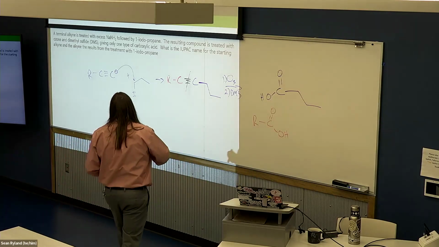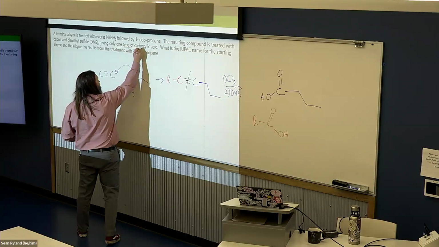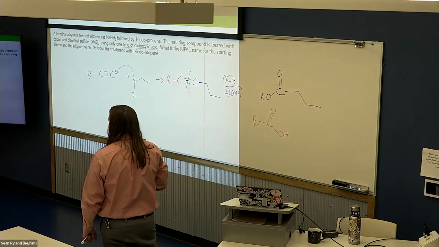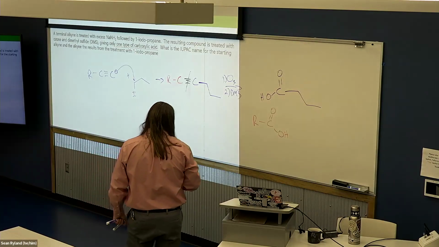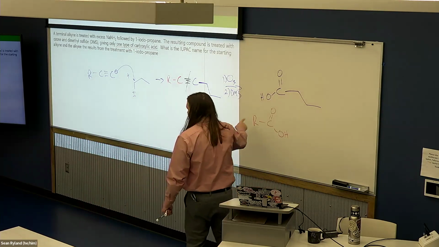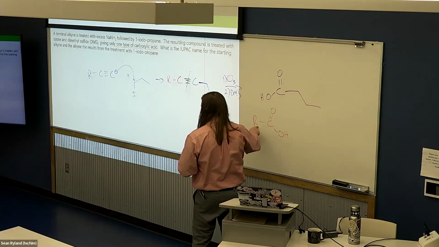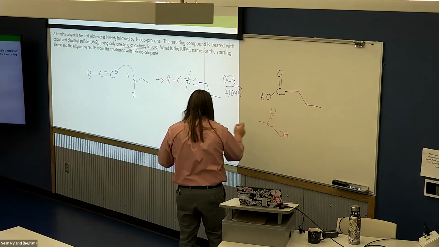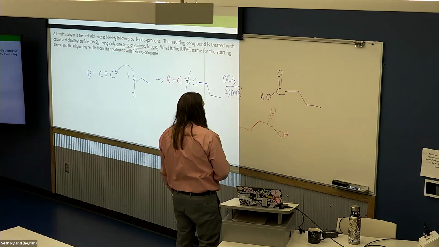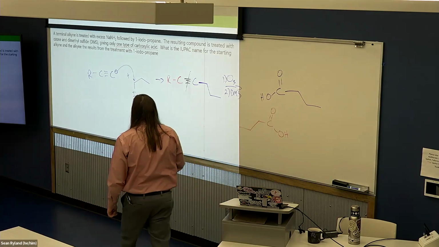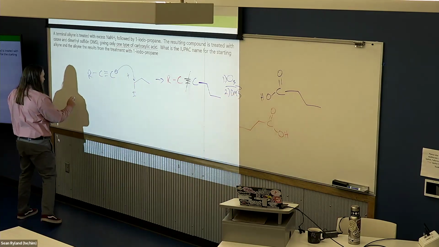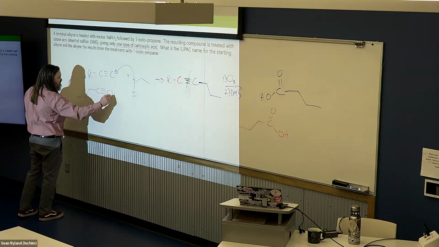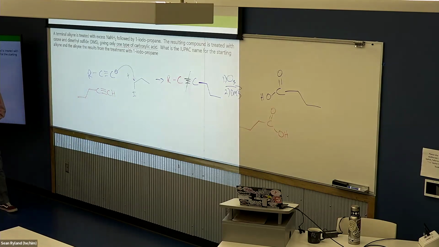What we know from this is that the red one and the purple one have to be the same. So that means R is a propyl group, and we can work backwards from there. So we must have started with this, that's our starting point.